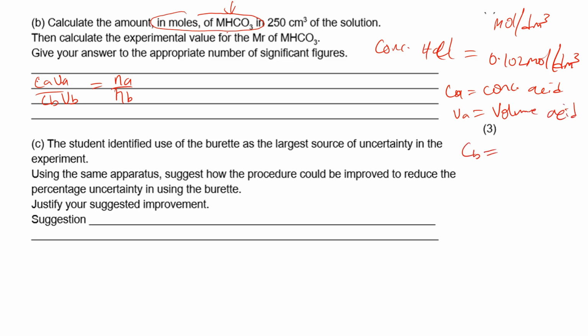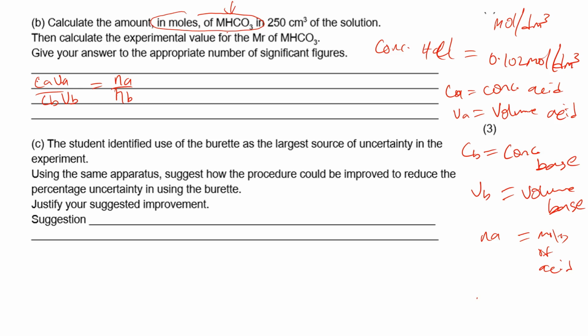Cb is the concentration of the base, and Vb is the volume of the base. Right? While Na equals the number of moles of acid.